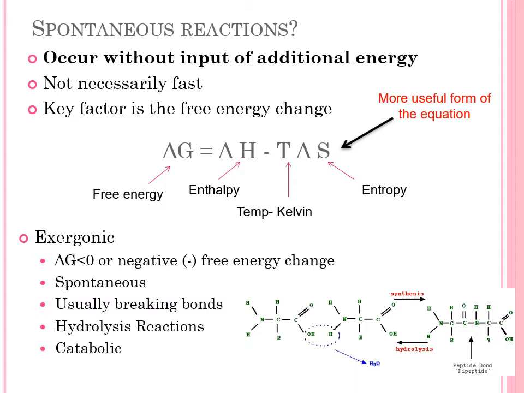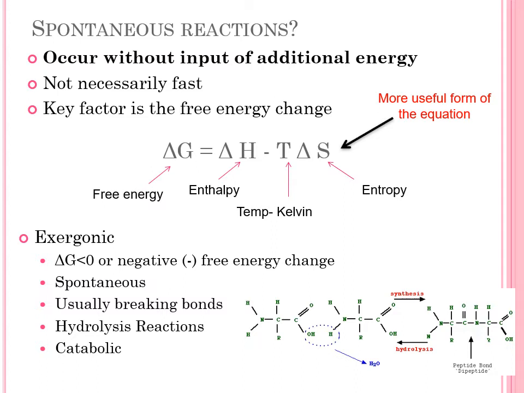And so spontaneous reactions, they're not necessarily fast, but they are going to have a negative free energy. There's going to be some energy left over, because we're not inputting any energy into the system. So our delta G is going to be negative.